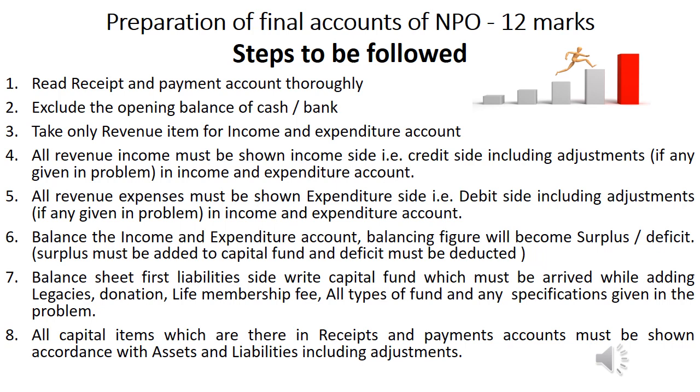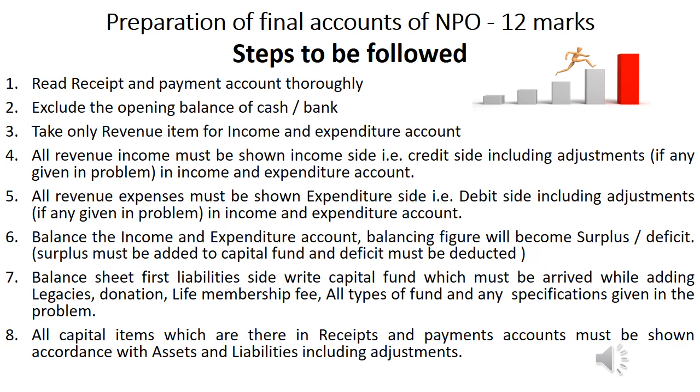On the asset side, all the assets in accordance with the depreciation, if any is given in the problem, have to be entered. Then all capital items in the receipts and payment account must be shown as assets and liabilities, including adjustments, that you know very well. In the same manner in which I prepared it for a trading concern, here also we can prepare the balance sheet.